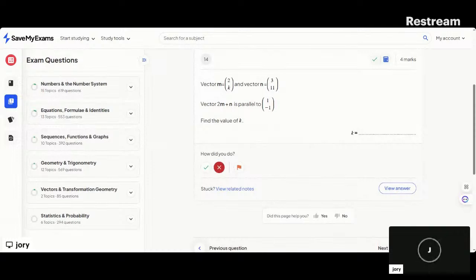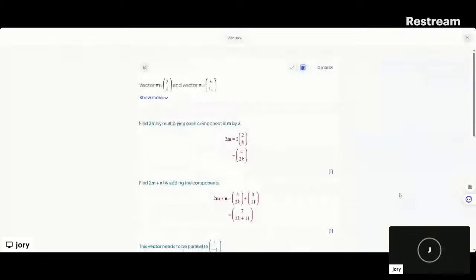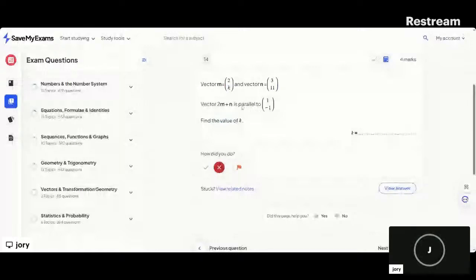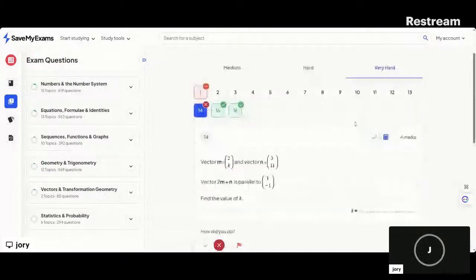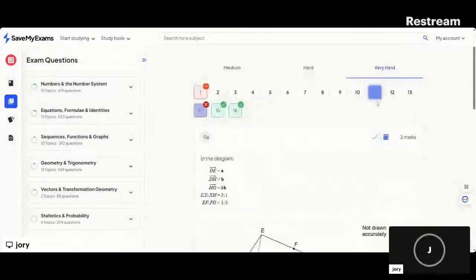Oh. 2m then. 2m plus n. Oh, it's parallel. I did not read the question. It's parallel to this. Where, I don't know. Let's just go to 11.